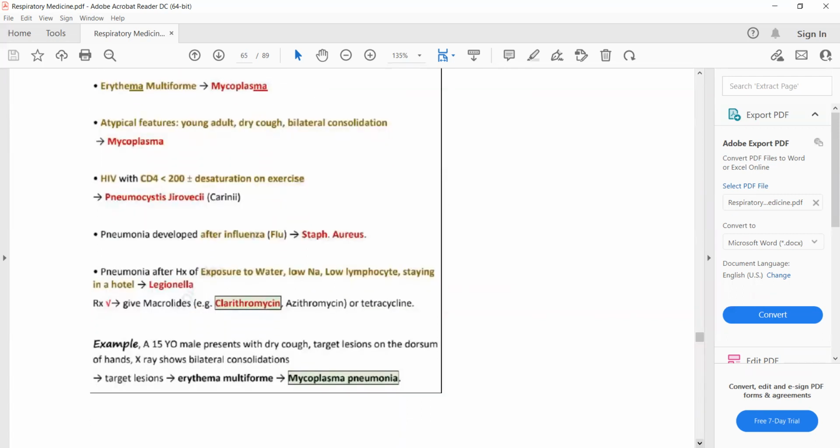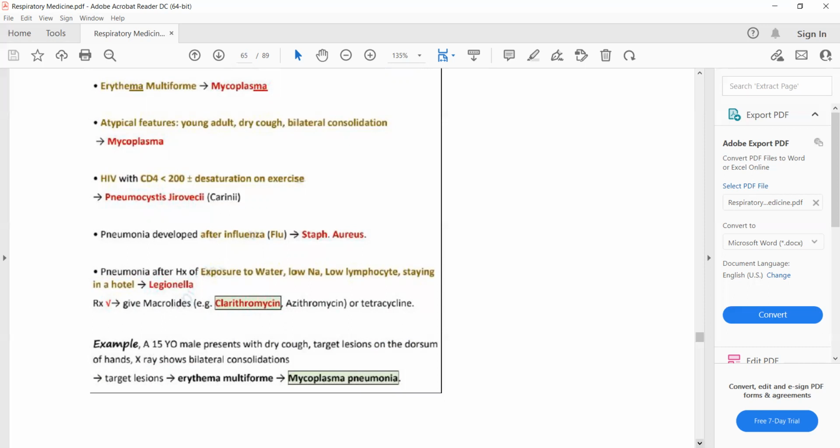Now some more points for Legionella pneumophila. Legionella pneumophila causes atypical pneumonia. It also causes bilateral consolidation. These features are common to mycoplasma and Legionella. Then what are the differentiating features for Legionella?